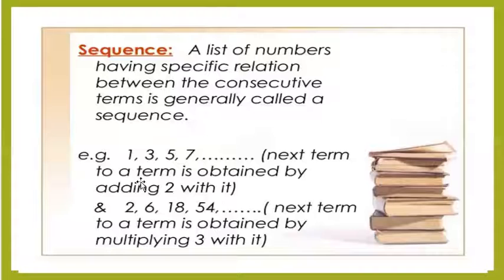Next term to a given is obtained by adding 2 with it. That is a sequence. Another sequence is also given here, 2, 6, 18, 54. That is, the next term to a term is obtained by multiplying 3 with it. These are some examples of a sequence.